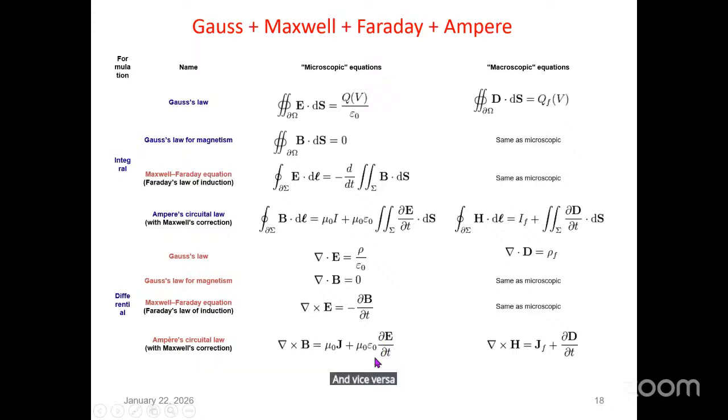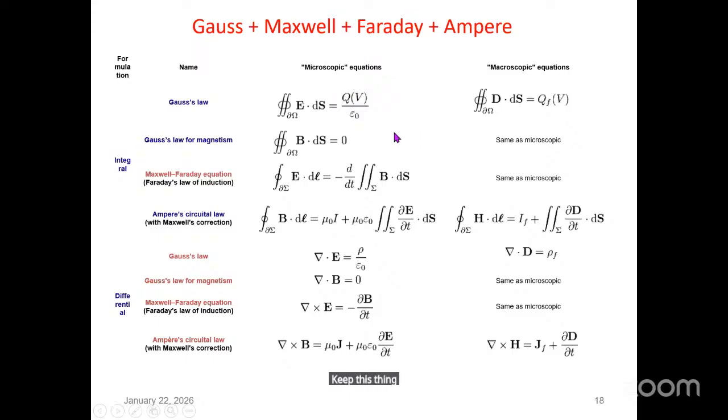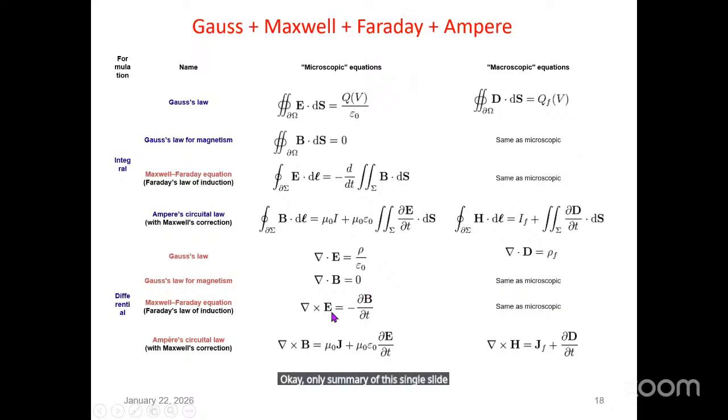This is the unification of the theory: magnetic and electric fields are conjugates of each other, and when one exists, the second always by default exists there. Do not go for the meaning and recalling all equations again, but the only summary of this single slide is that magnetic and electric fields always have coexistence. When one is there, the other must be there.